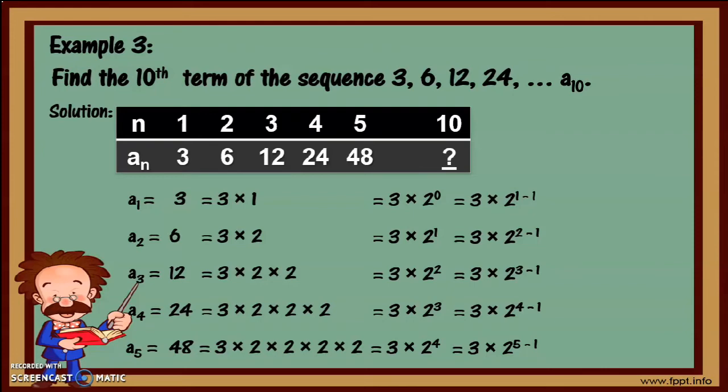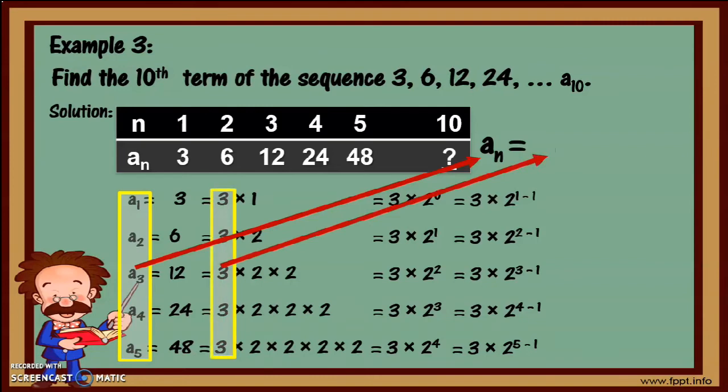So, let us now derive the formula so that you will have only a minute to find the nth term of a geometric sequence. Let us call a sub 1, a sub 2, a sub 3, a sub 4, a sub 5 as a sub n.